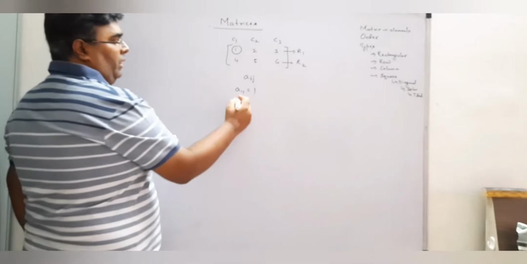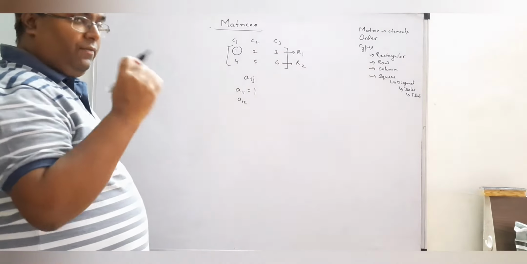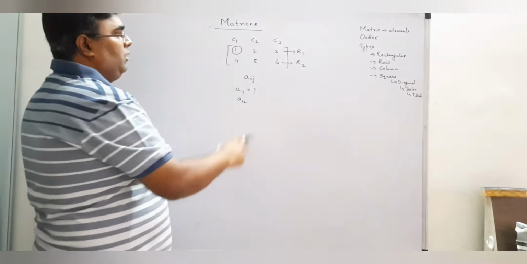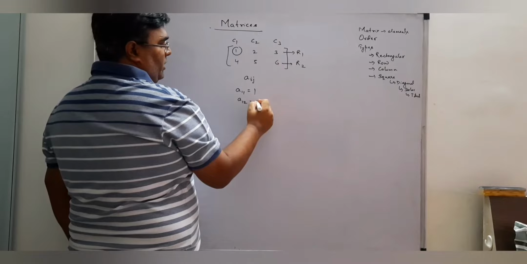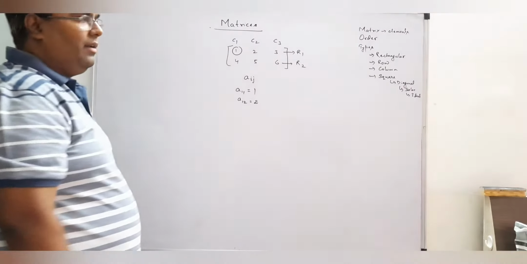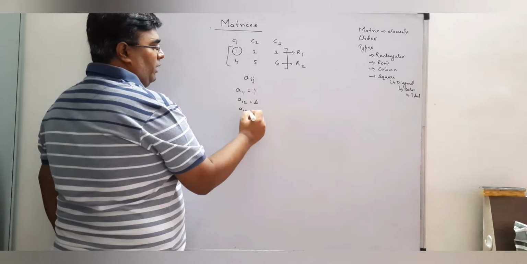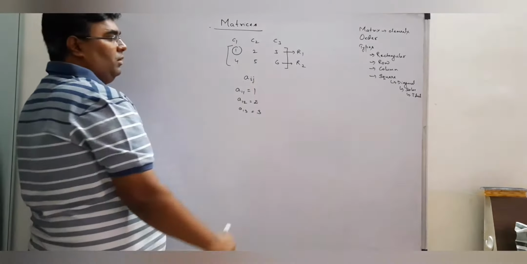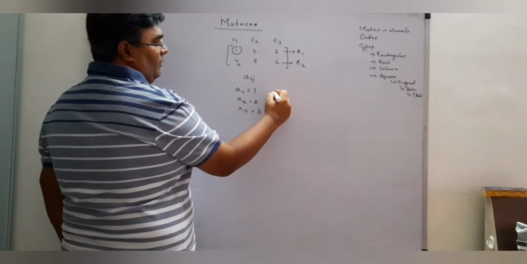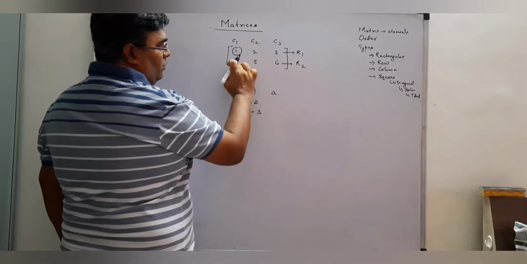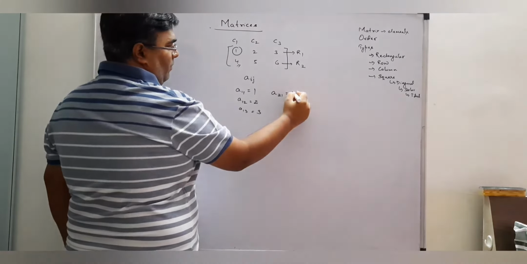Similarly, A12 means first row, second column. Similarly, A13 will be 3. What is this 4? 4 is my second row, first column, so A21.